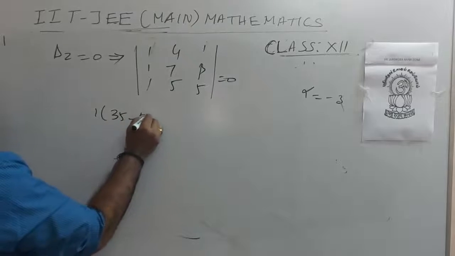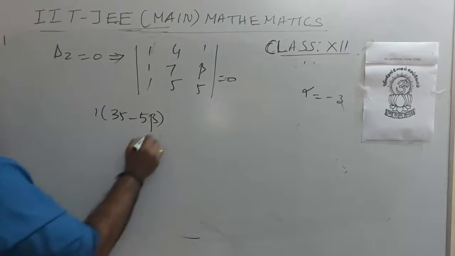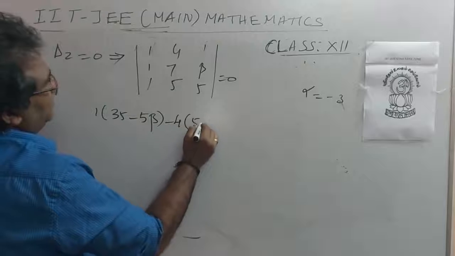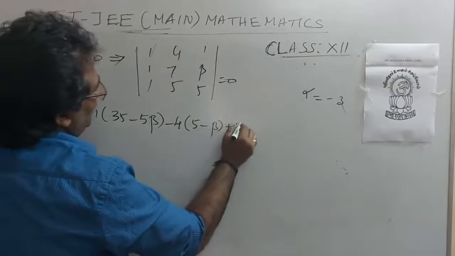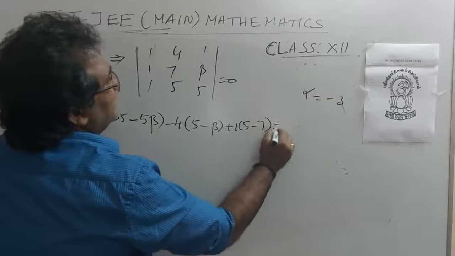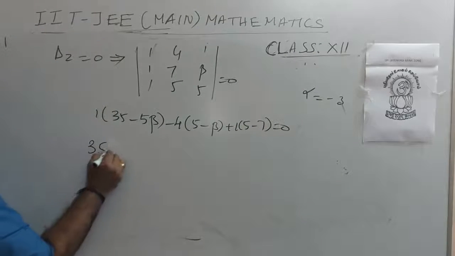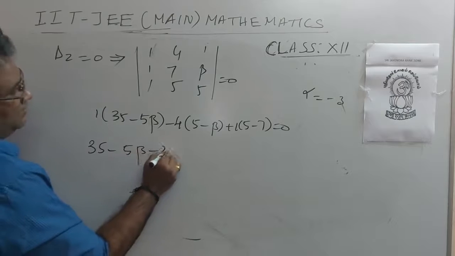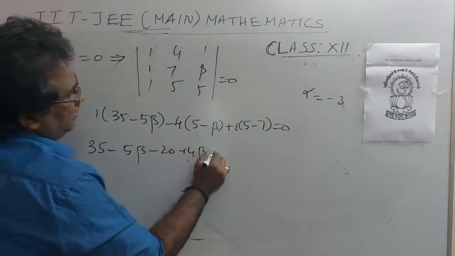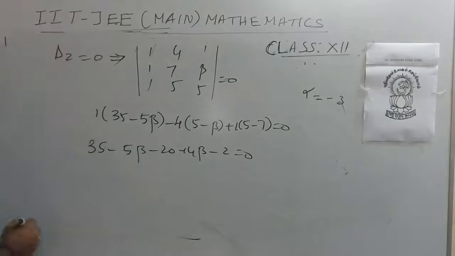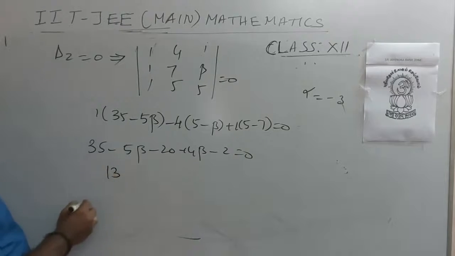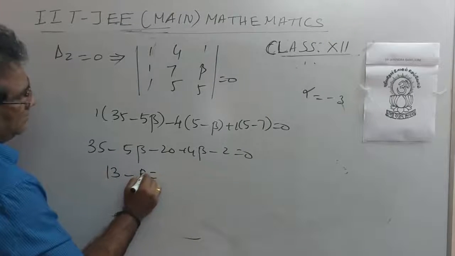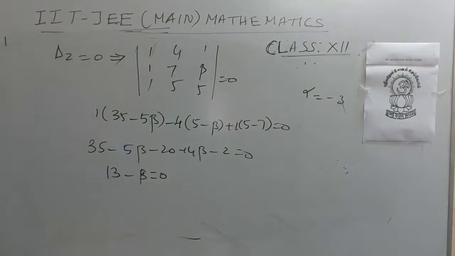35 minus 5 beta, minus 4 into 5 minus beta, plus 1 into 5 minus 7 equals 0. 35 minus 5 beta, minus 20 plus 4 beta, minus 2 equal to 0. Minus beta plus 13 equal to 0.